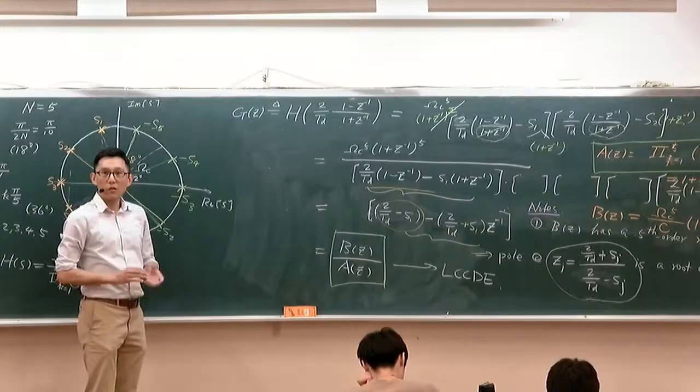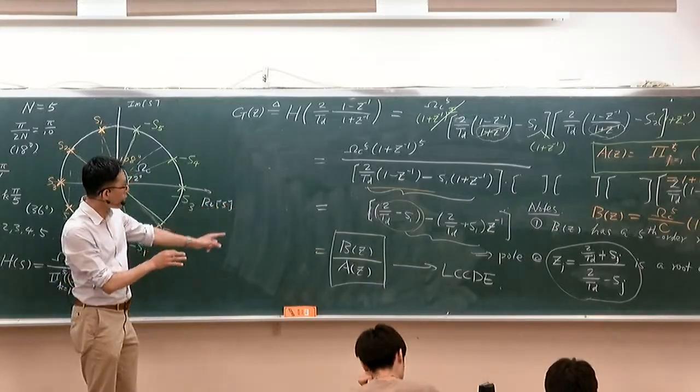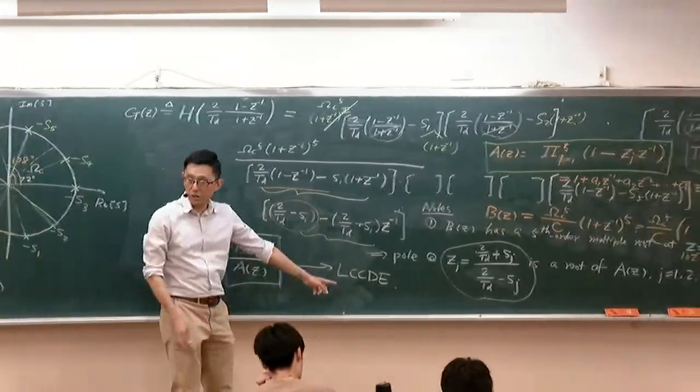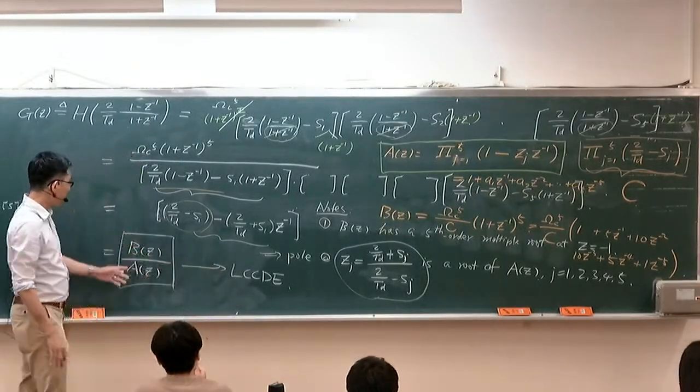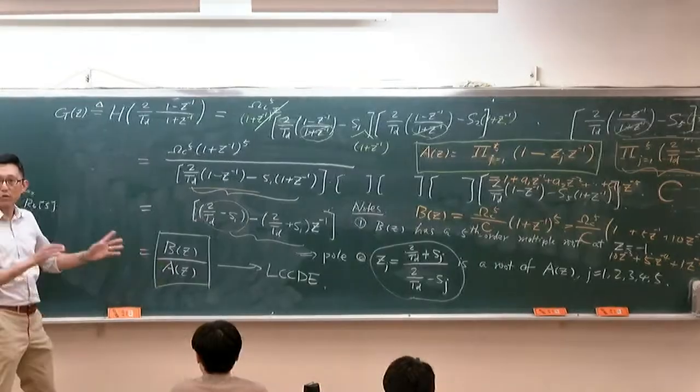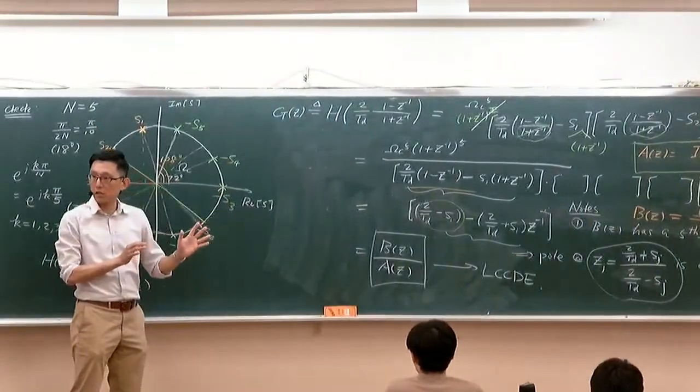Only at this point are we ready to talk about the difference equation. Because now we have B of z and A of z, we know how to write down the corresponding difference equation.